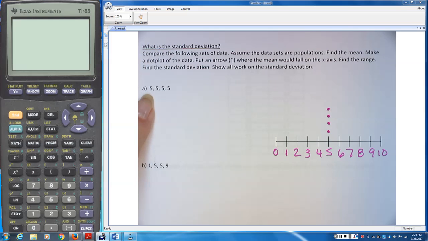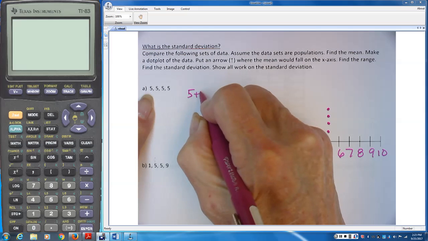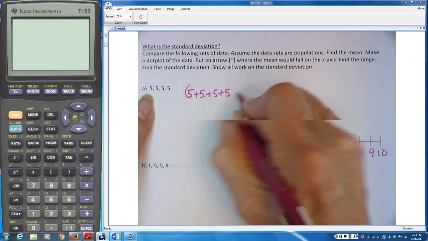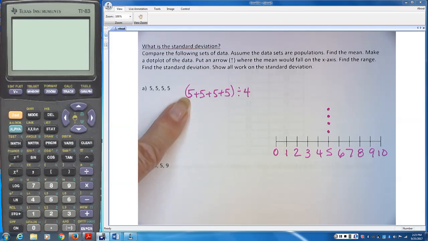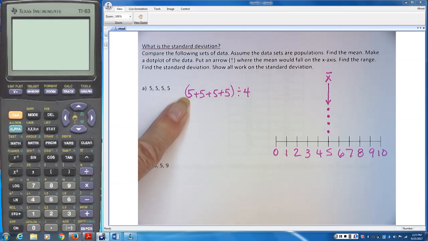What's the mean? So 4 5s is 20. 20 divided by 4 is 5. There's X bar.